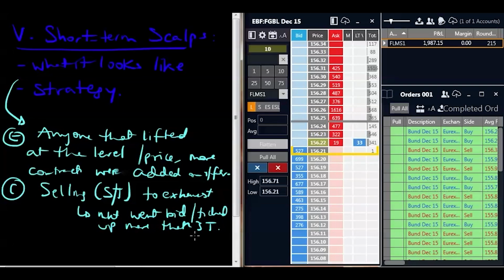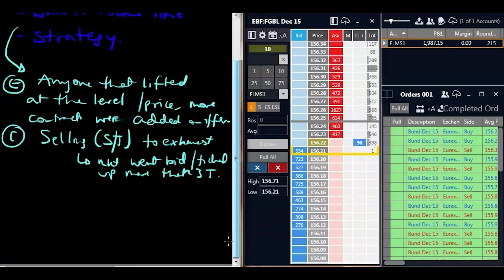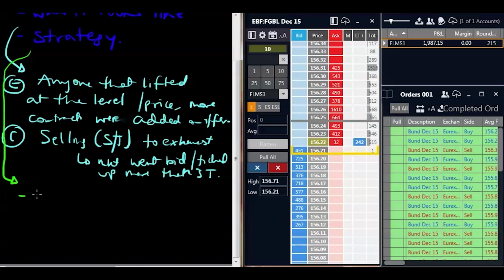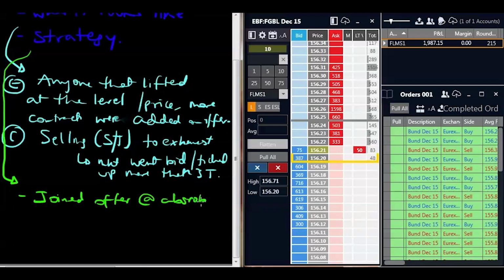But as you can see, from a strategy perspective, what were we looking for? We joined the offer at the absorption price or area.